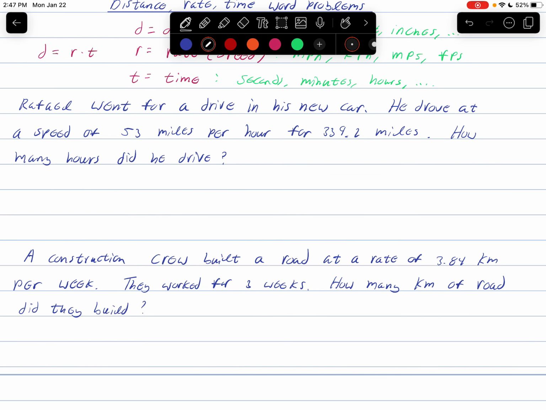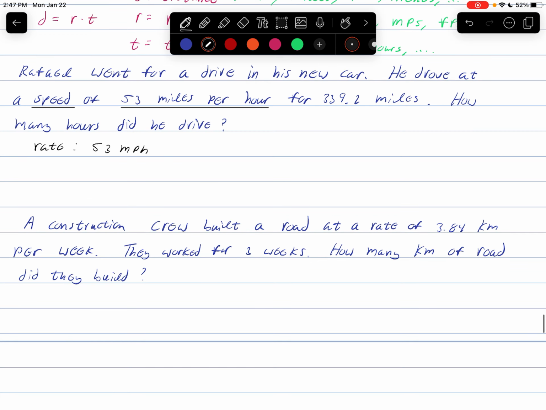He was traveling at a speed of 53 miles per hour. So speed indicates that we probably have our rate. So our rate, in this case, is 53 miles per hour. And we also have that he went for a total of 339.2 miles.